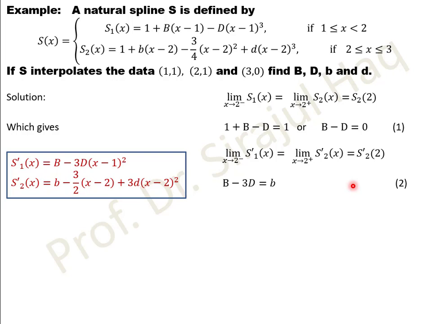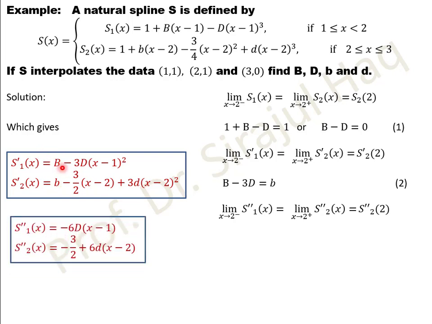Let's go further. Let's see the second continuity, the second order derivative of s1. The second order derivative is 2a2. Since this point is not included, that's the reason I use limits. If you take the second order derivative, this will become 0 minus 6d into (x minus 1).